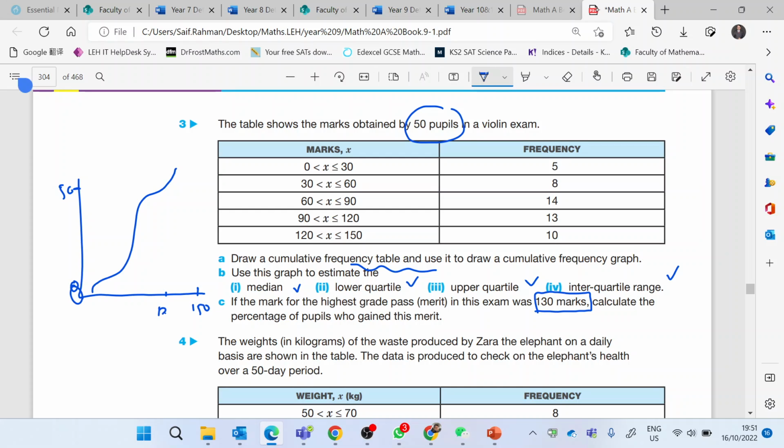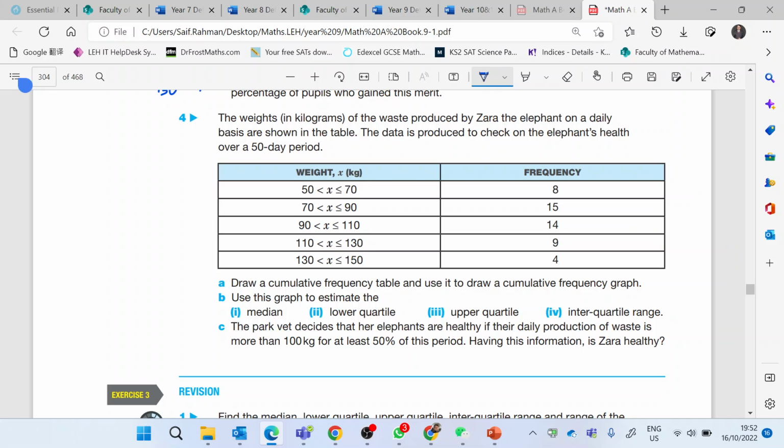So for example 130 is here, so you have to just look for this one and see how many students are above this. So you have to calculate this frequency and how much is the percentage. Okay, a similar kind of question.